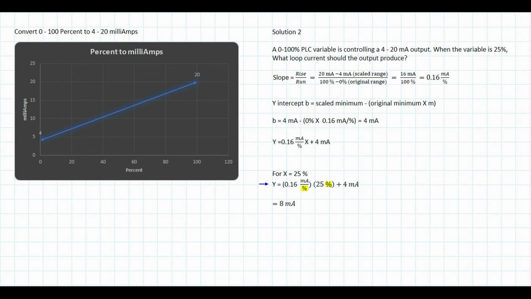When x is equal to 25%, y is equal to 0.16 milliamps per percent multiplied by 25% plus 4 milliamps. The percent in the numerator of x and the denominator of the slope again cancel. That leaves us with a final solution of 8 milliamps.